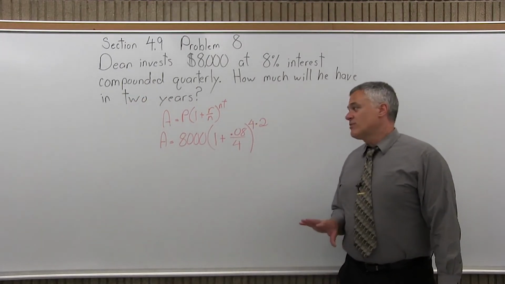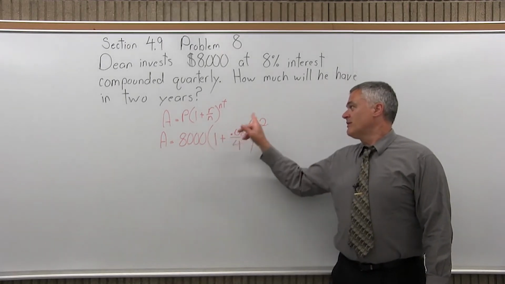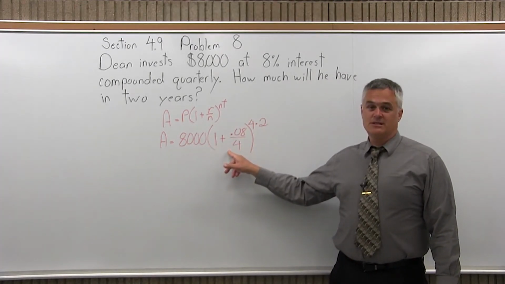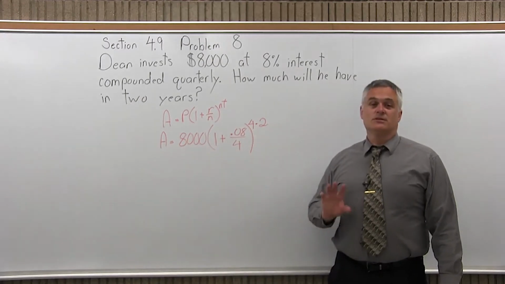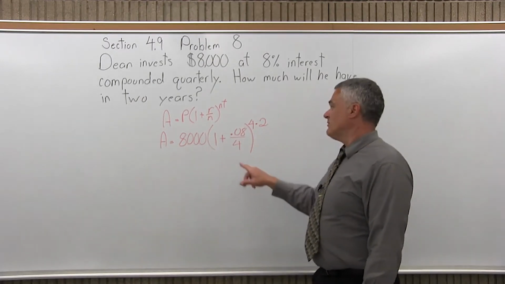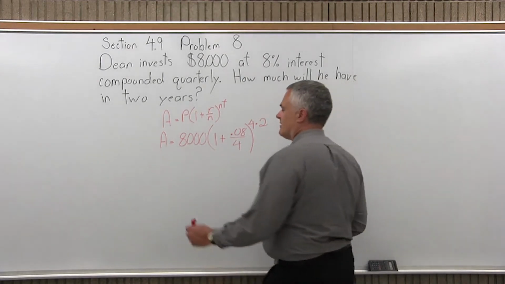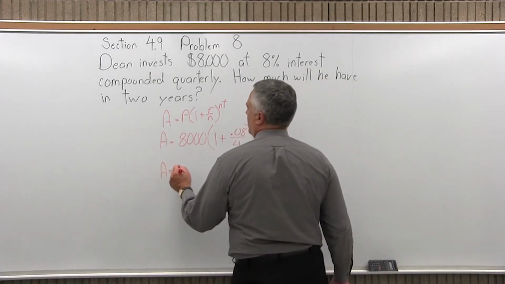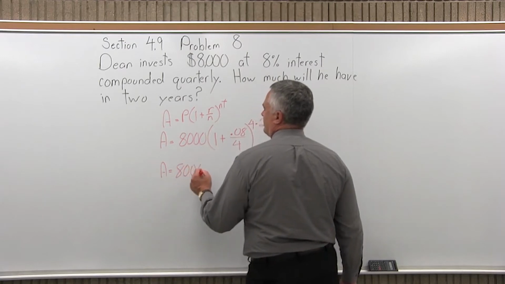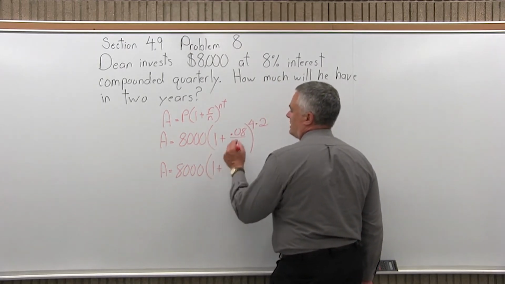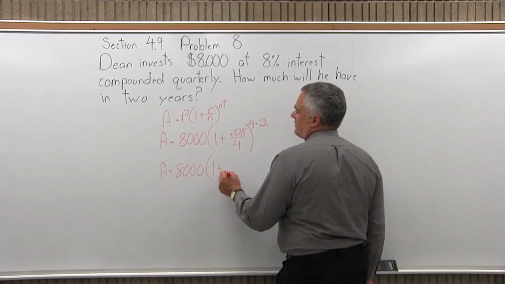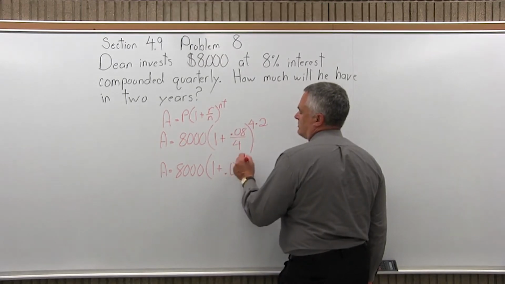Now there's some order of operations going on here. You have a multiply, you have an exponent, you do have parentheses. Whenever you have parentheses, you need to do the work in parentheses first. But even within the parentheses, there's a divide and an add. You have to divide first. Let's start with that. A is 8,000 times 1 plus 0.08 divided by 4 is 0.02.